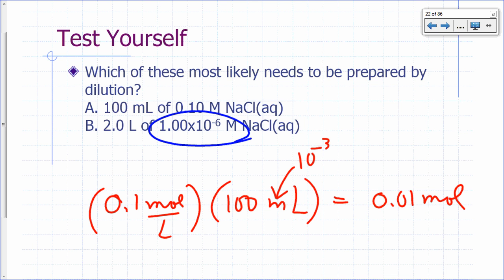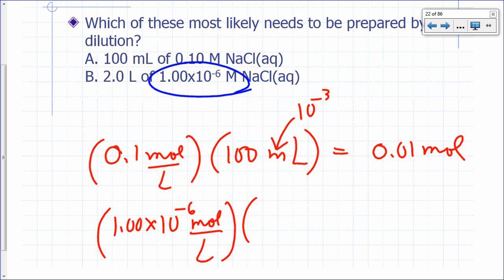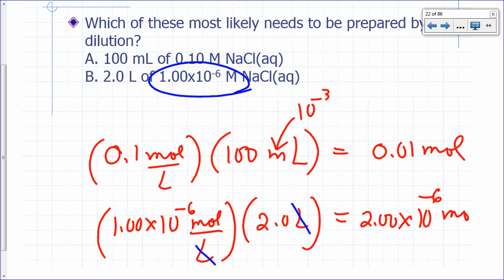Whereas the other one, you have 2 liters, so we have 1.00 times 10 to the negative 6 moles per liter, multiplied by 2 liters. That gives you 2.00 times 10 to the negative 6 moles. This is a very small amount.